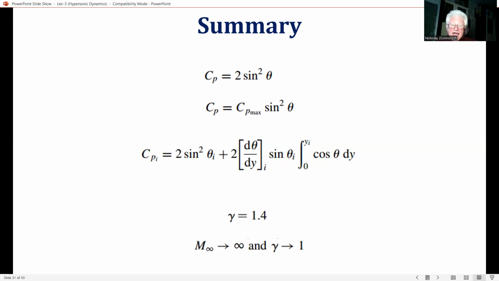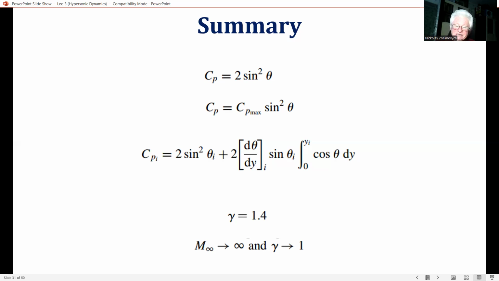Okay? And next, fifth, the tangent cone method, where the pressure at point i on an axisymmetric body is assumed to be the same as that on a cone with a semi-cone angle of theta i.